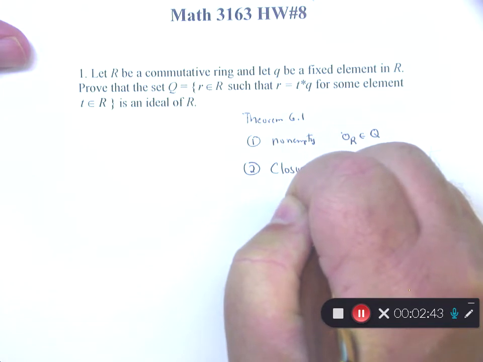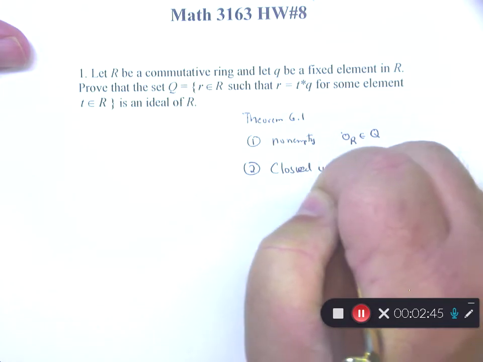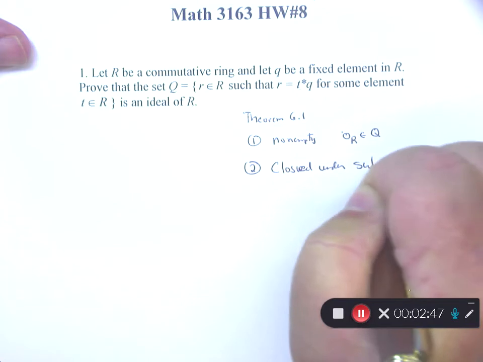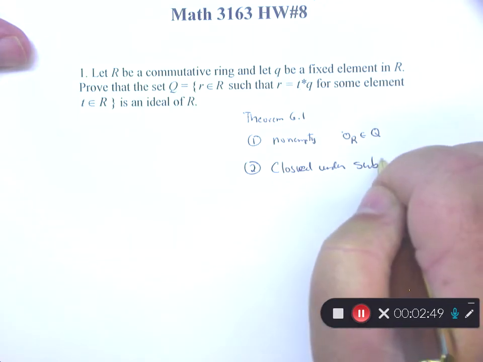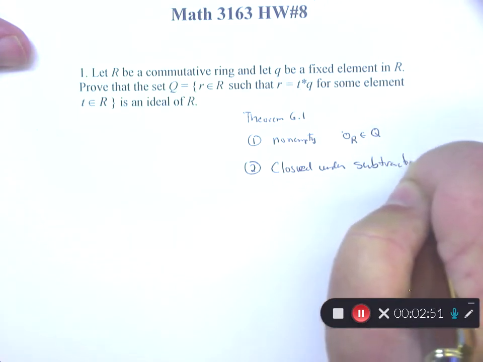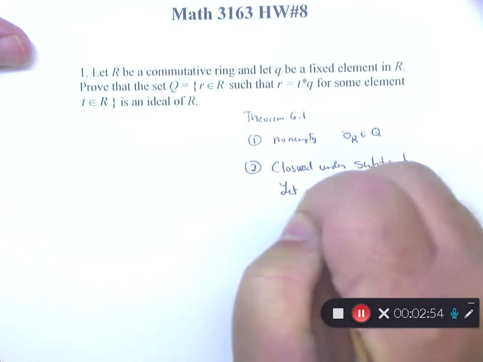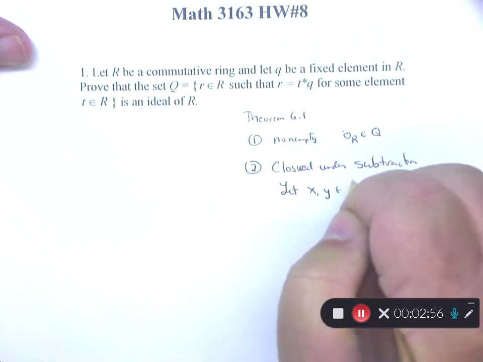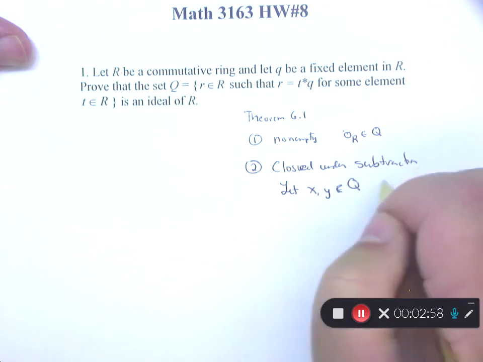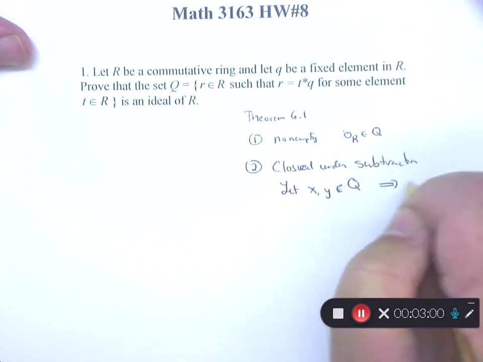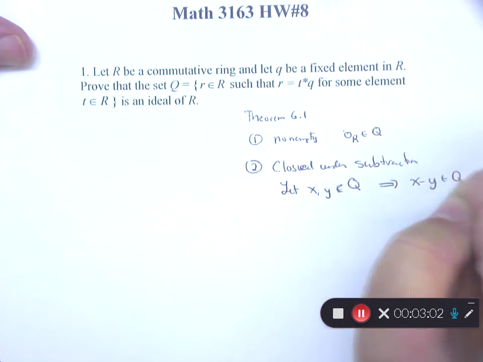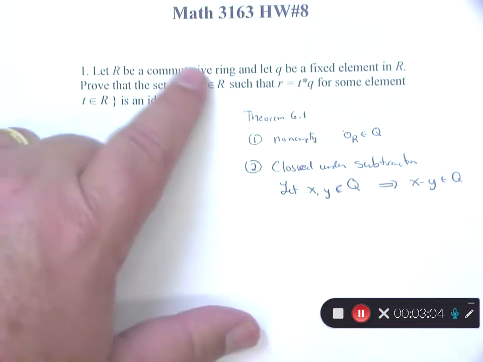Closed under subtraction, closure, if you will. Which means that we're going to let my favorite two guys, X and Y, be an element of the set Q since it's now non-empty, and then I'm going to have to show that X minus Y is an element of Q. Now, look at your ring structure.